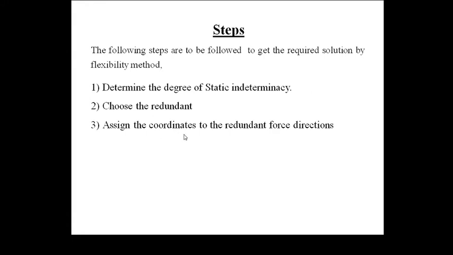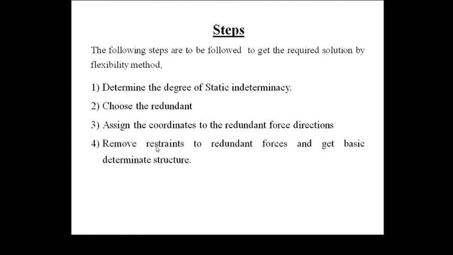Assign the coordinates to the redundant force directions. Then remove the restraint on the redundant forces and get the basic determinate structure. We release the restraint on the redundant force and get the determinate structure.